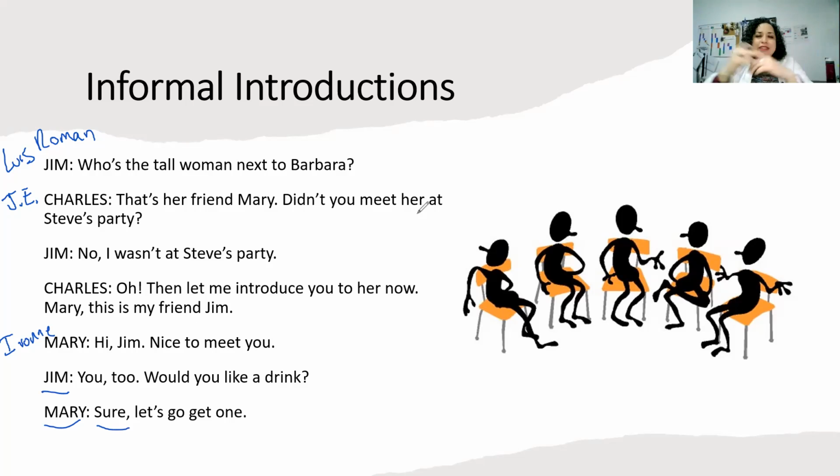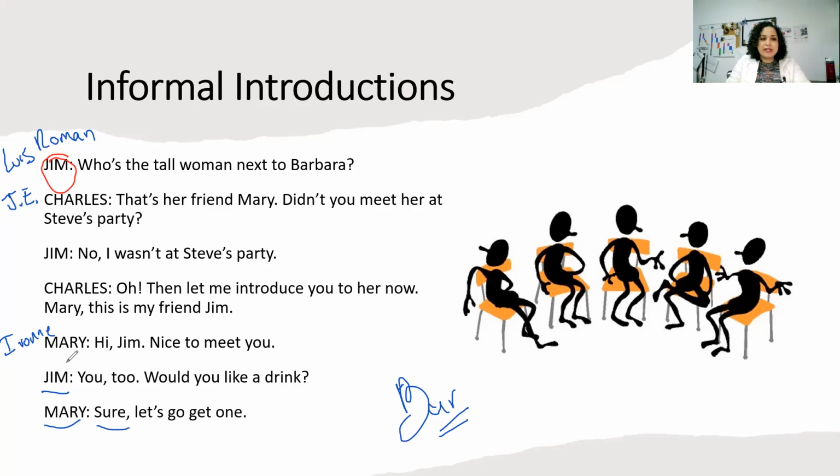This is an informal dialogue happening in an informal gathering. They are talking about people that are next to, so and to get a drink. Probably this conversation is happening at a bar, some type of bar. And what we can see from here is that Jim is already interested in Mary.